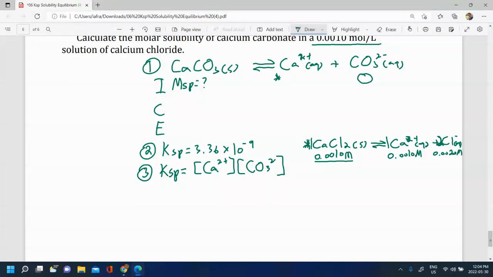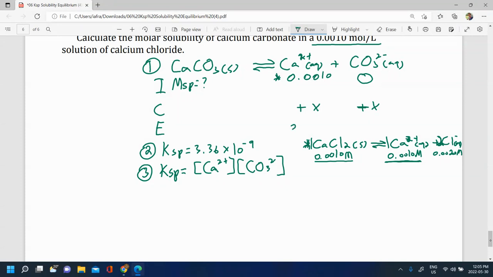So my initial concentration of calcium in the water is not 0. Because I have calcium chloride, it's actually 0.0010 molar. That's my initial concentration. And so what is the change going to be? Well, the change is going to be the same idea. We have plus X over here and plus X over here.